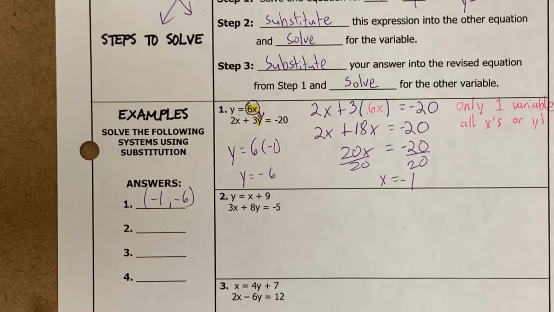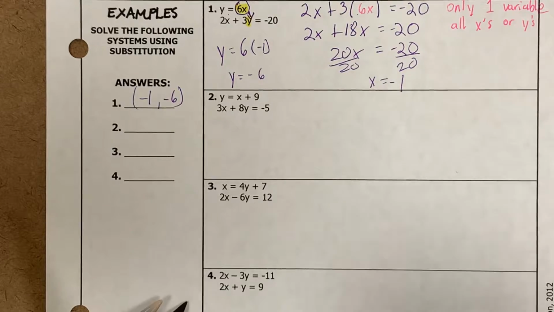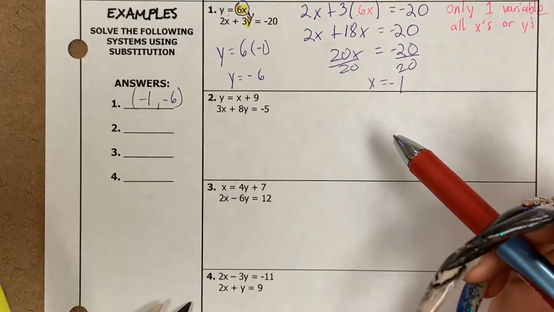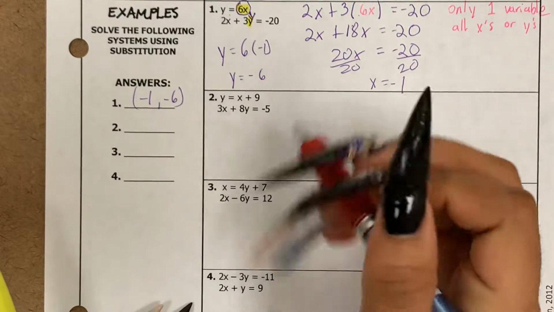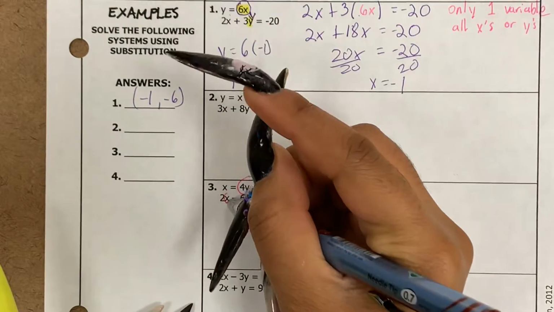Okay, let's look at number 3. So first up is solve for one equation. So this one is already x equals. So this time I'm going to take out the x.